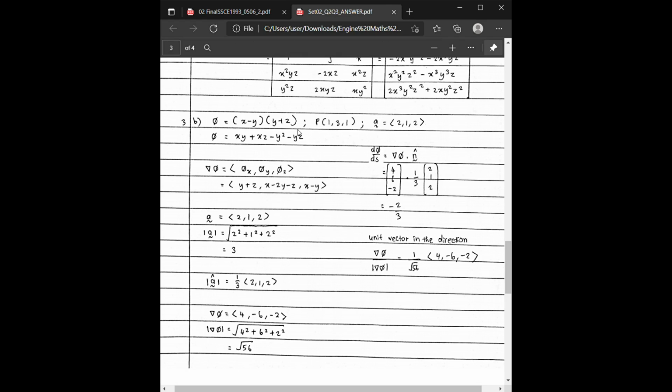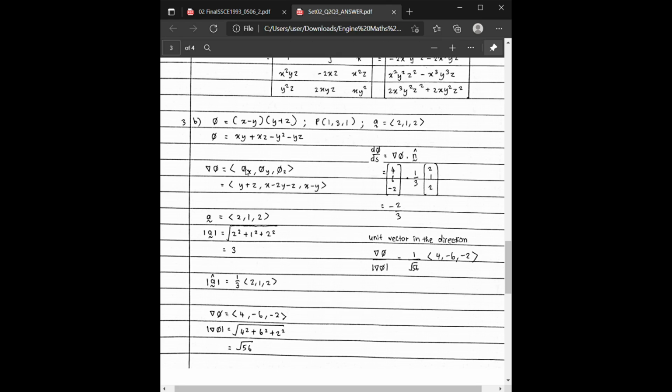So for this question, we can list our information. The first one, we know that our function is equal to xy plus xz minus y squared minus yz. So from this, to find our del gradient, it is equal to the vector del x, del y, del z, that is gradient x, gradient y, and gradient z.